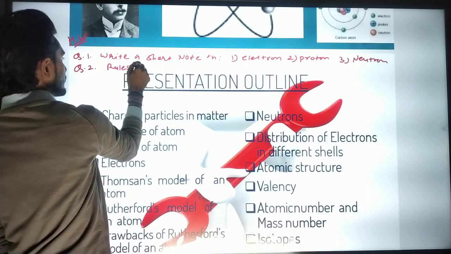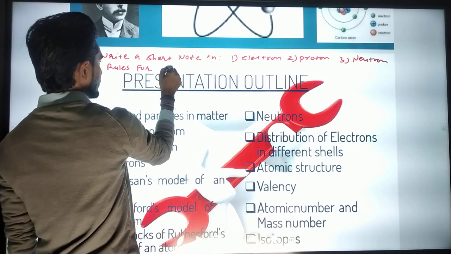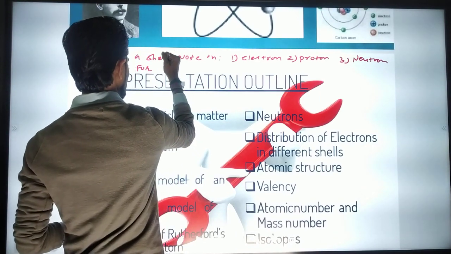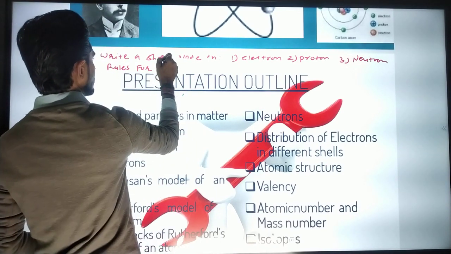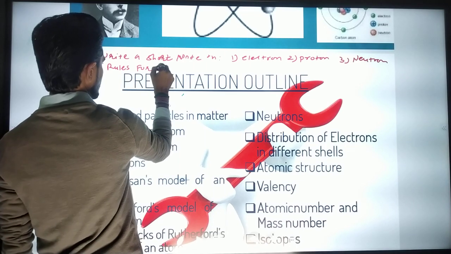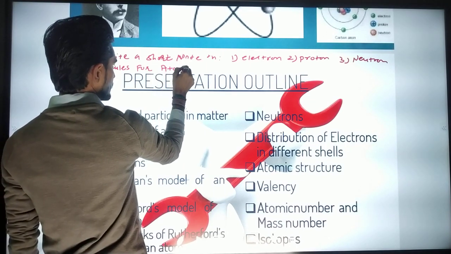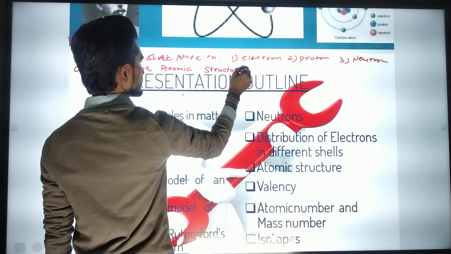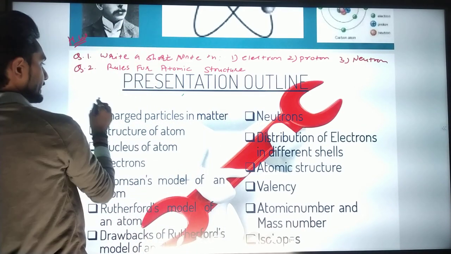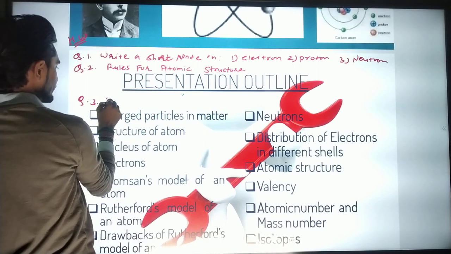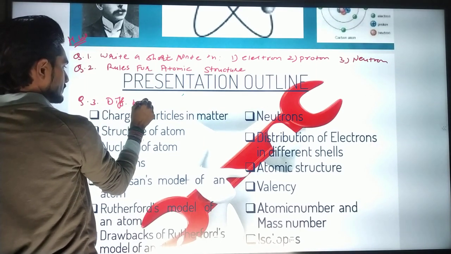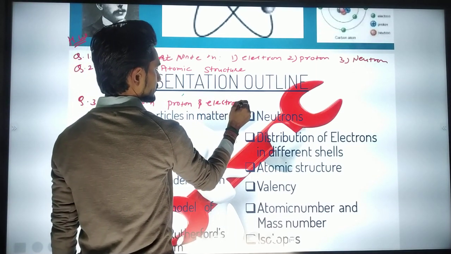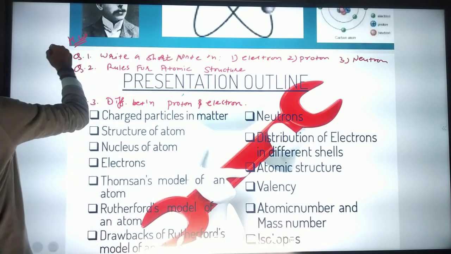Rules for atomic structure. And number 3, difference between proton and electron. So these are the three questions that you have to write in the homework.